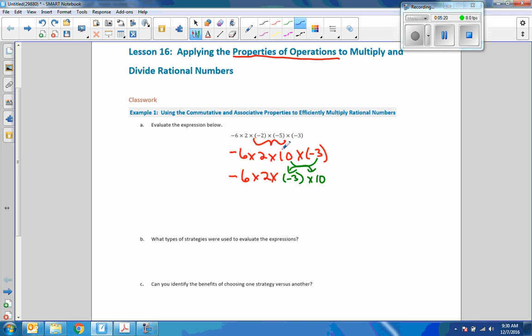Now I have a 2 and a -3 next to each other. When I do that, I get -6 times -6 times 10. This rearranging is the commutative property.